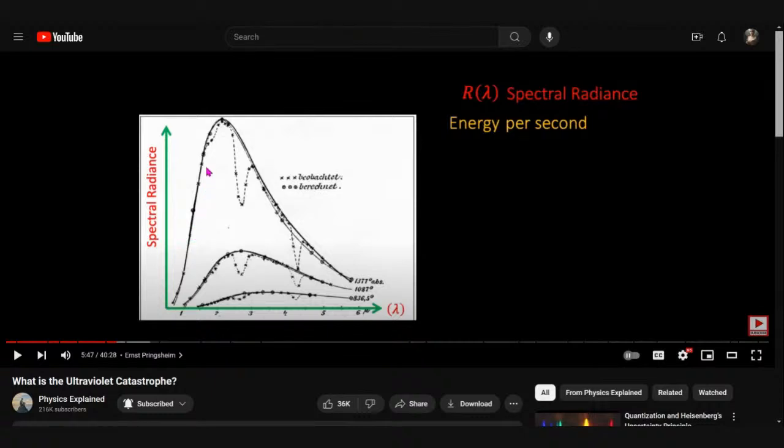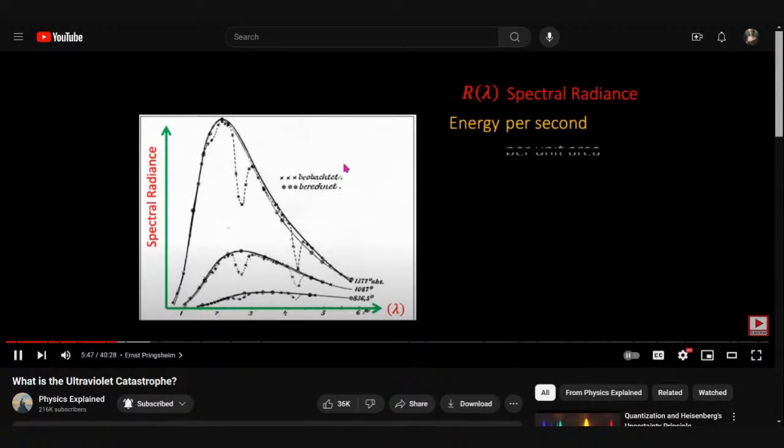Higher intensity of the wave of this color, of this frequency. And the maximum intensity. This radiance is the intensity.